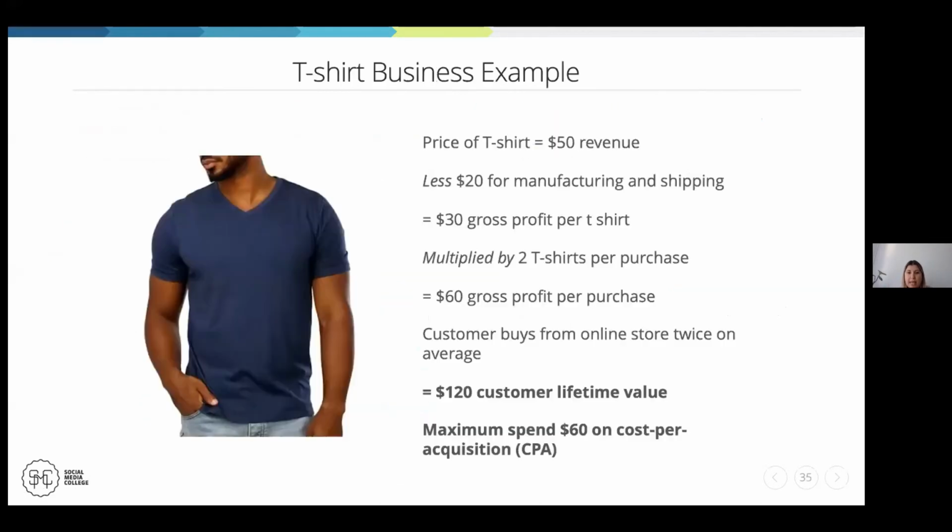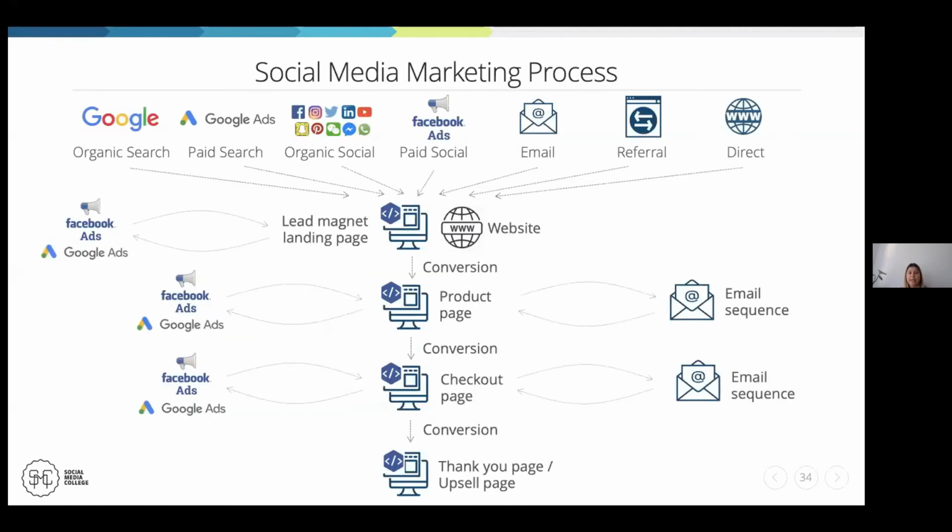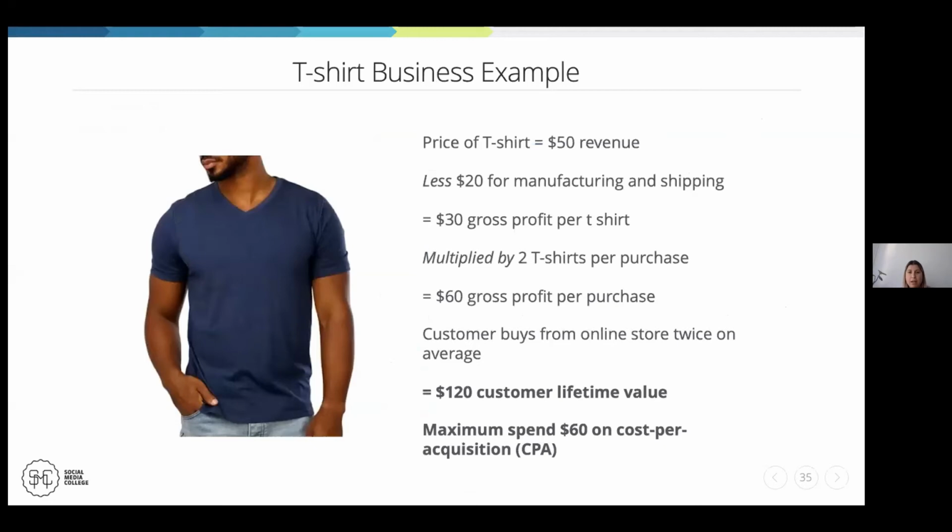So now, okay, you've designed a system where this is all flowing. What does this look like in terms of money and revenue for the business? Now think of it like this. You've got a t-shirt business and the price of that t-shirt is $50. That's how much you sell it for.